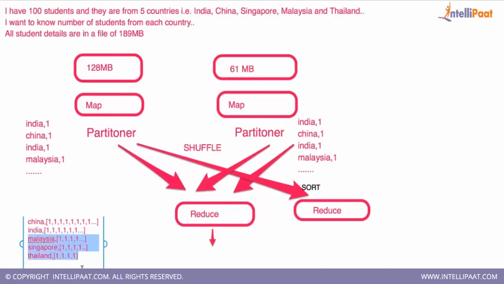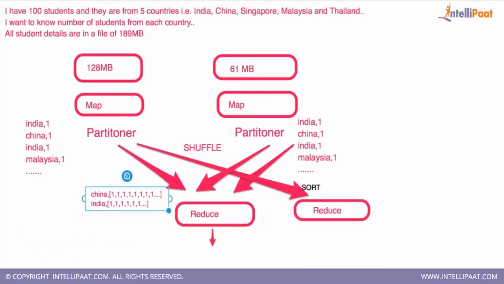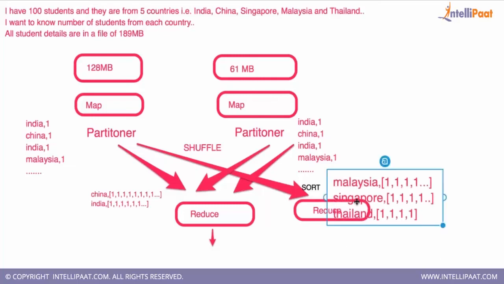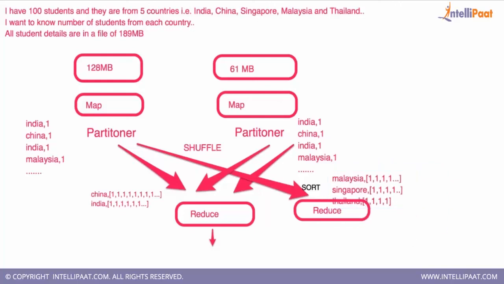So partitioner may decide that China and India will go to reducer 1 and the remaining 3 will go to reducer 2. Here we will get China 30, India 30.